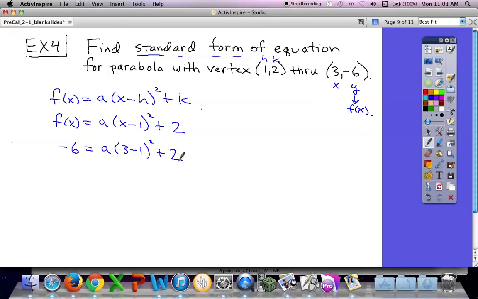Solve for a. Right? Subtract 2. So a equals negative 2.